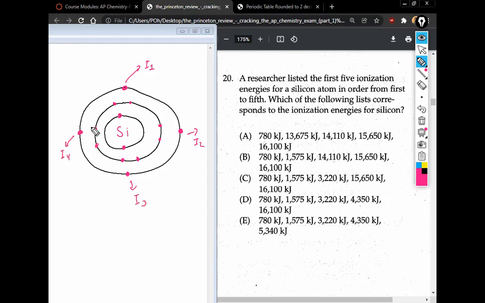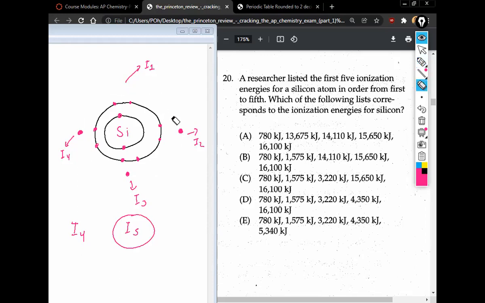So the biggest jump that we should see is in between I4 and I5, because I5 is going to be really big, right? Because once we do I4, we're getting rid of the outside shell, and I5, which is when we take away the first inside electron, that's when there's going to be the biggest jump.